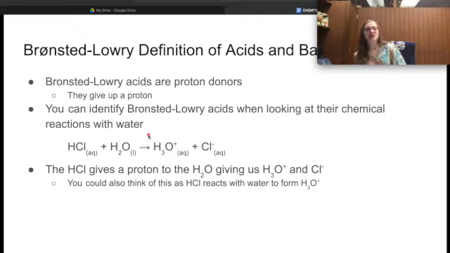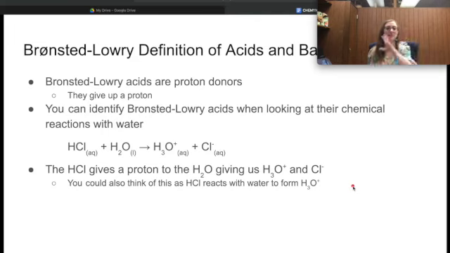Side note. So when we're looking at this reaction, the HCl gives a proton to H2O, giving us H3O plus and Cl minus. So you can think of this as HCl reacts with water to form H3O plus, and if we see that H3O plus, it's also an indicator we have an acid. So Bronsted-Lowry acids are proton donors.